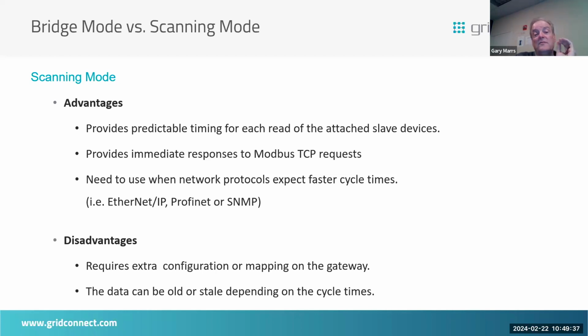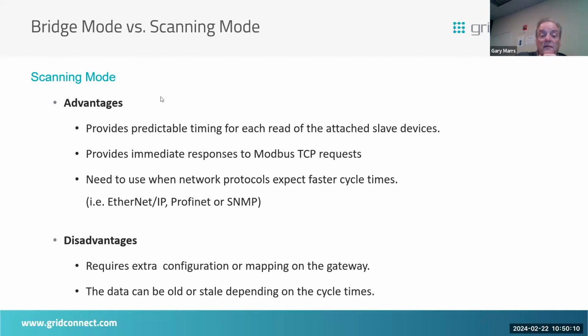And this is probably one of its biggest advantages, is it allows gateways to get data between much faster networks like Ethernet IP or Profinet. And remember, I mentioned that Ethernet IP and Profinet have different packet structures. In those applications, you have to use a scanning mode and store the data in memory in the gateway to interface to the newer industrial automation protocols.